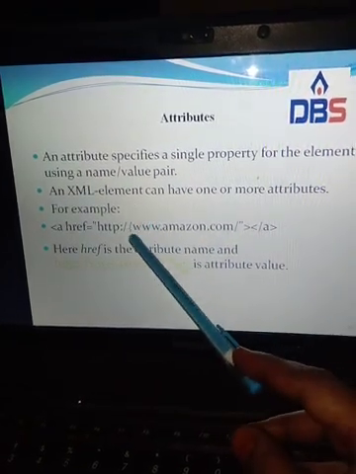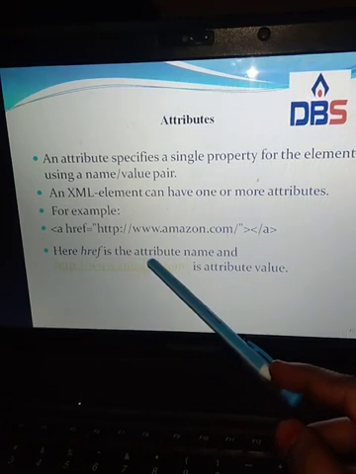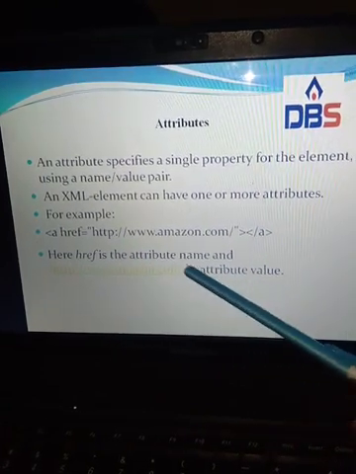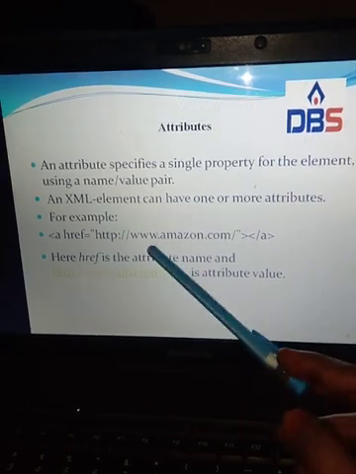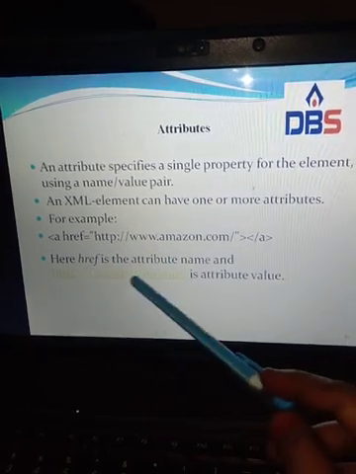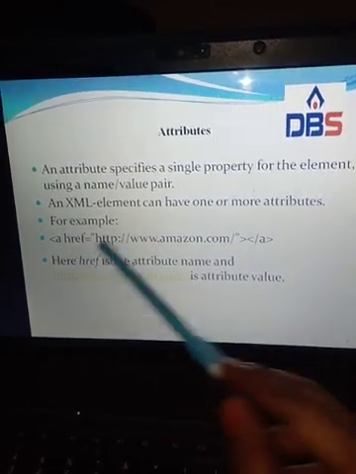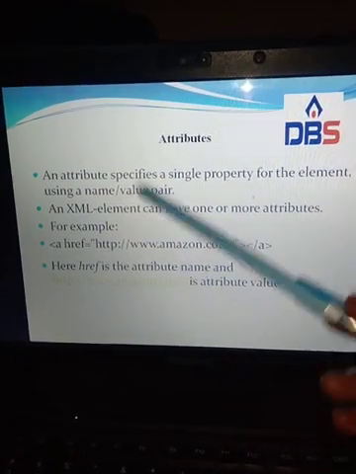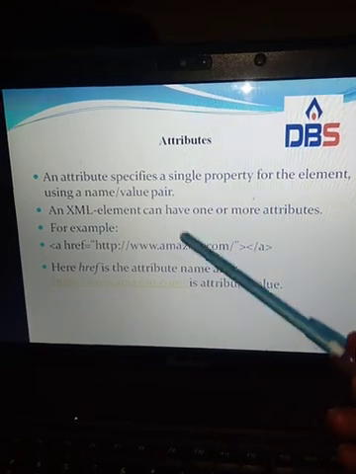Here a means anchor tag, and href is the attribute name with its attribute value. This is the attribute name, and this is the value, meaning a name-value pair. We can define attributes like this in an XML document.